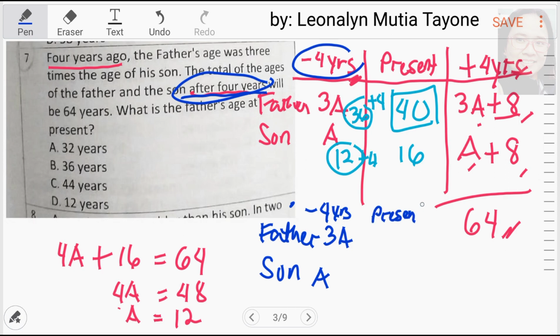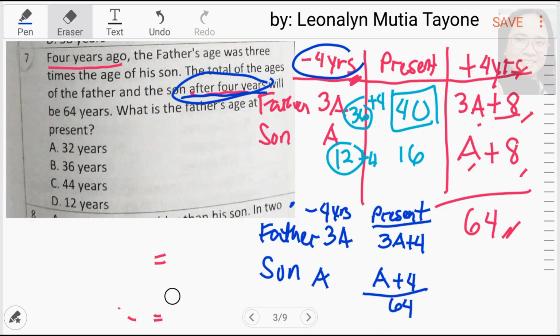Tingnan lang natin. Kunwari, ito yon. 3A plus 4. Yan. A plus 4 equals 64. I-delete muna natin to, dito tayo mag-solve. Itong 3a plus a, that is 4a, plus 4 plus 4, that is 8, equals 64.